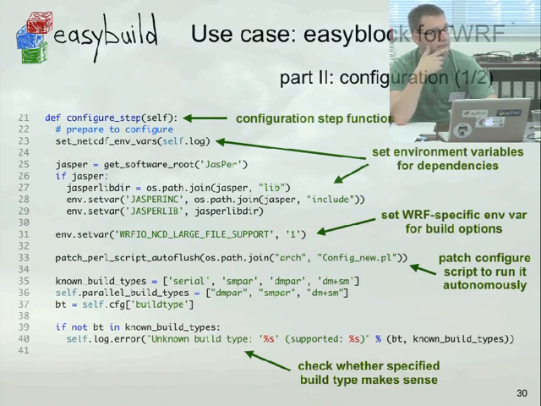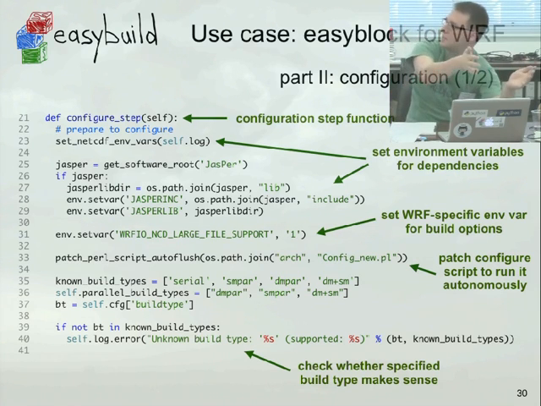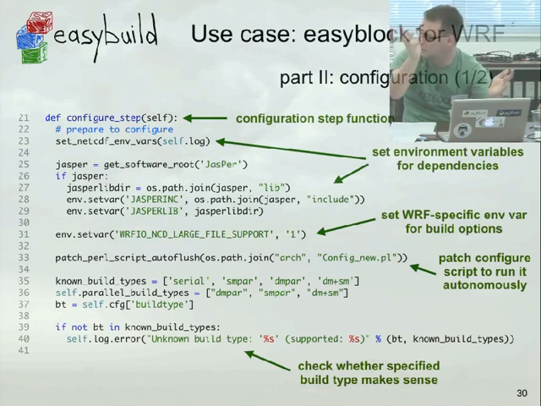It does it in a way that even if netcdf and netcdf Fortran are two separate packages, the environment variables are set for all of them. So WRF, or the installation procedure, doesn't have to know; EasyBuild hides this. Who wrote this set netcdf environment function? It's written in the netcdf EasyBlock, so I wrote it. It's just in a separate Python module. It's available in the whole EasyBuild framework.